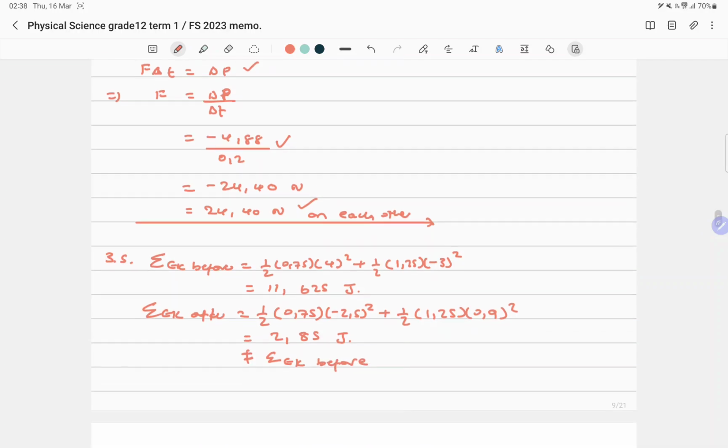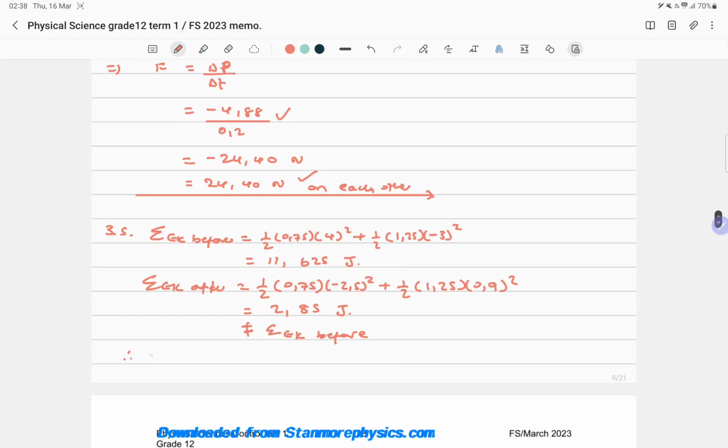collision. And what does that conclude? We can therefore say the collision is inelastic as the sum of the kinetic energy is not conserved.